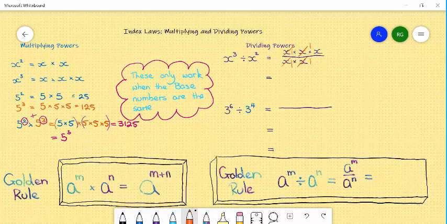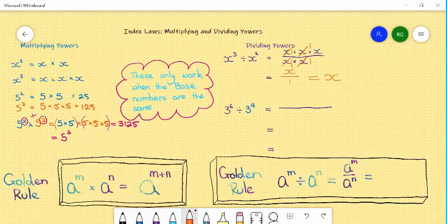So if I was to now rewrite that, on the top line I have 1 multiplied by 1 multiplied by x, which is just x. And on the denominator I have 1 times 1, which is 1. So my answer is x divided by 1, which is simply x.